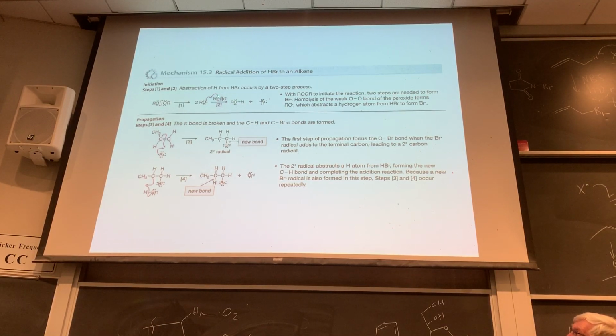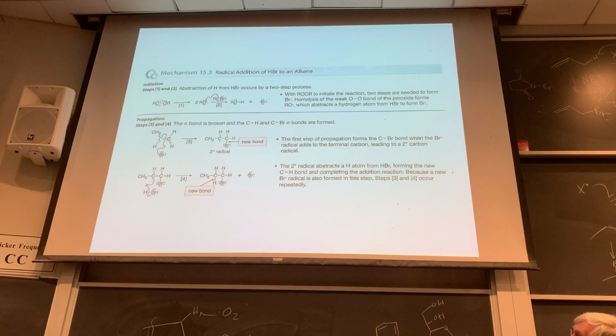Okay, and the probability of grabbing a smaller atom, the hydrogen, is faster there. An oxygen-bromine bond is very weak. It's even weaker than an oxygen-oxygen bond. So the oxygen-hydrogen bond is a more stable one, and that generates what? The bromine radical.